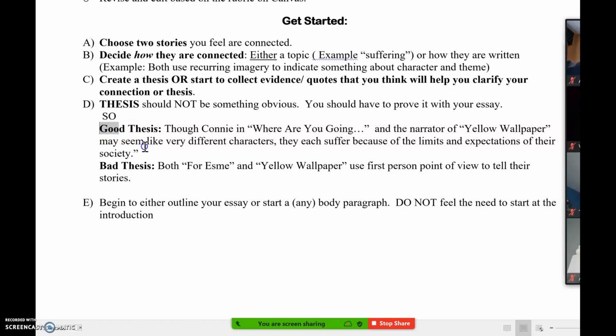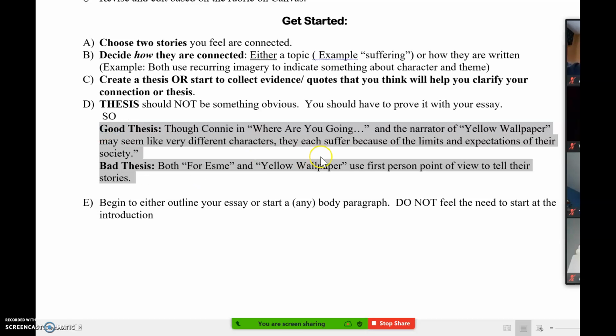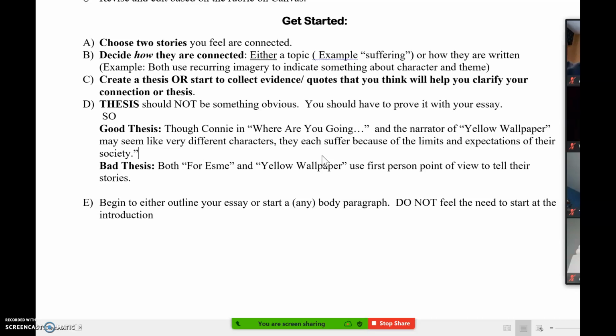But I wanted to mention something about theses, and you can still use the little starters I have, but they need to be shaped into sentences. But a good thesis, and again, more on this later when I haven't already talked your ears off for 13 minutes, a good thesis will propel your whole paper. It should be something that needs to be proven.